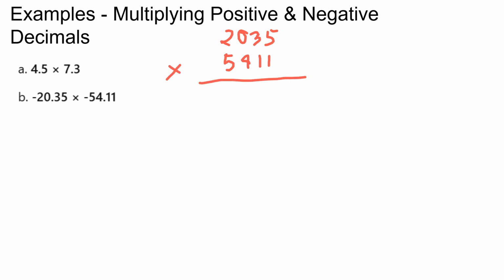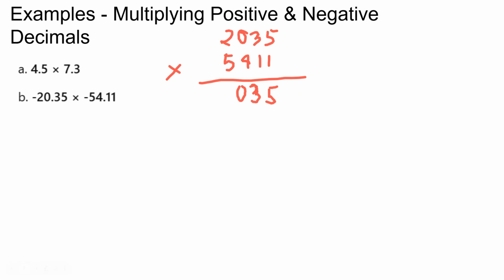First things first, we have to be very careful. In multiplying, take it slow, right? What is 1 times 5? That is 5. 1 times 3 is 3. 1 times 0 is 0.